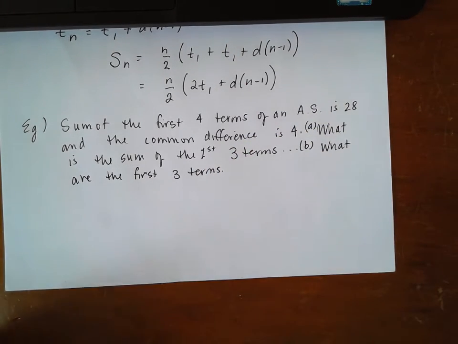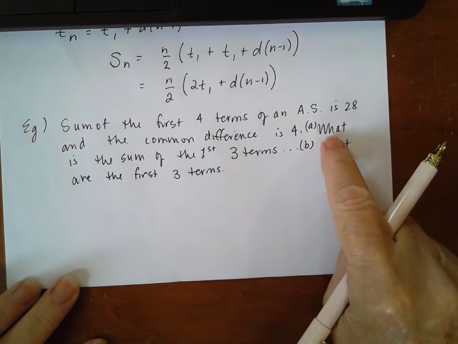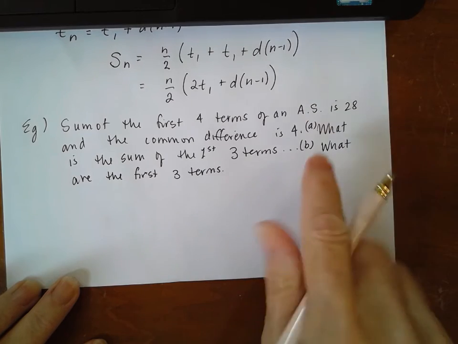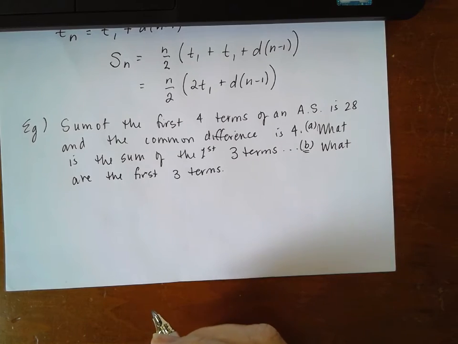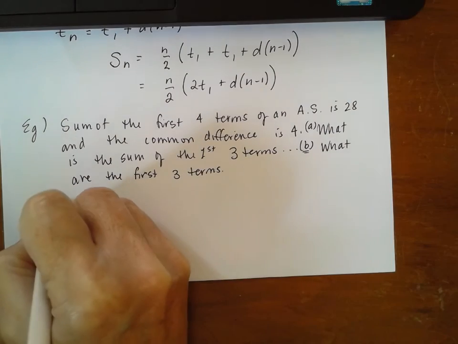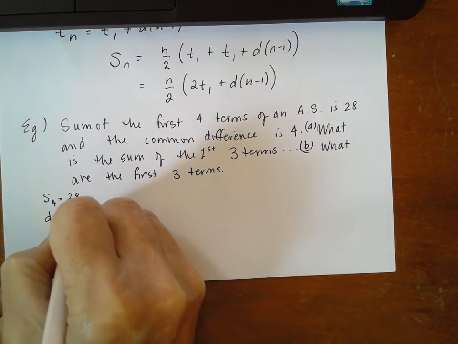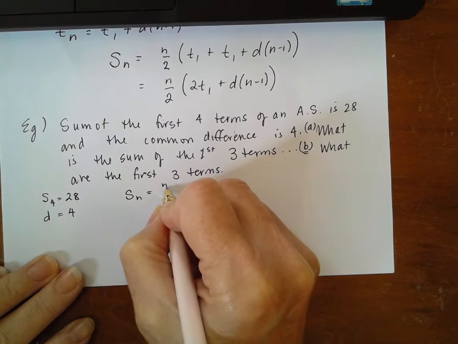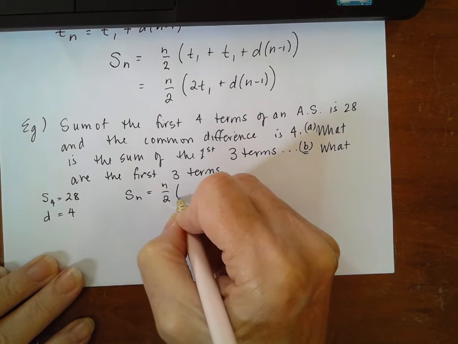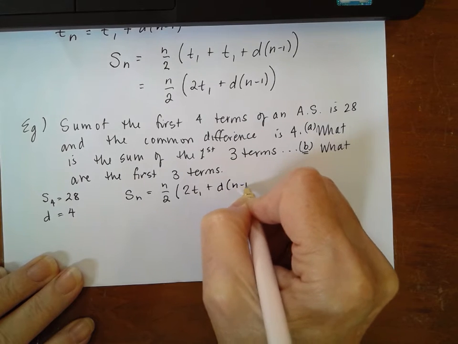All right, so here we go. Maybe we'll do B first. What are the first 3 terms? I know that S sub 4 is equal to 28, and I know that d is equal to 4. I know my formula, S sub n equals n on 2, because I don't know the last term, so I'm going to use this one, 2t sub 1 plus d times n minus 1.